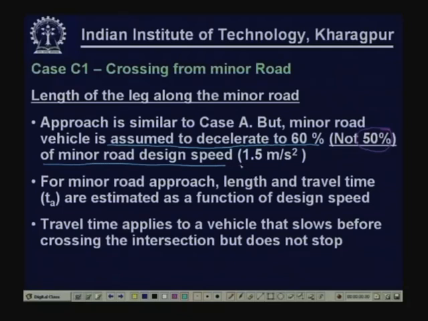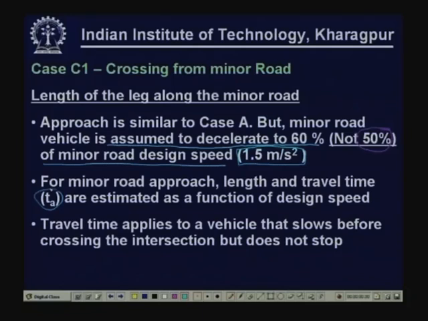This was the same deceleration rate assumed for case A also. Now, for minor road approach, length and travel time, which we can refer to as TA, are estimated as a function of design speed.